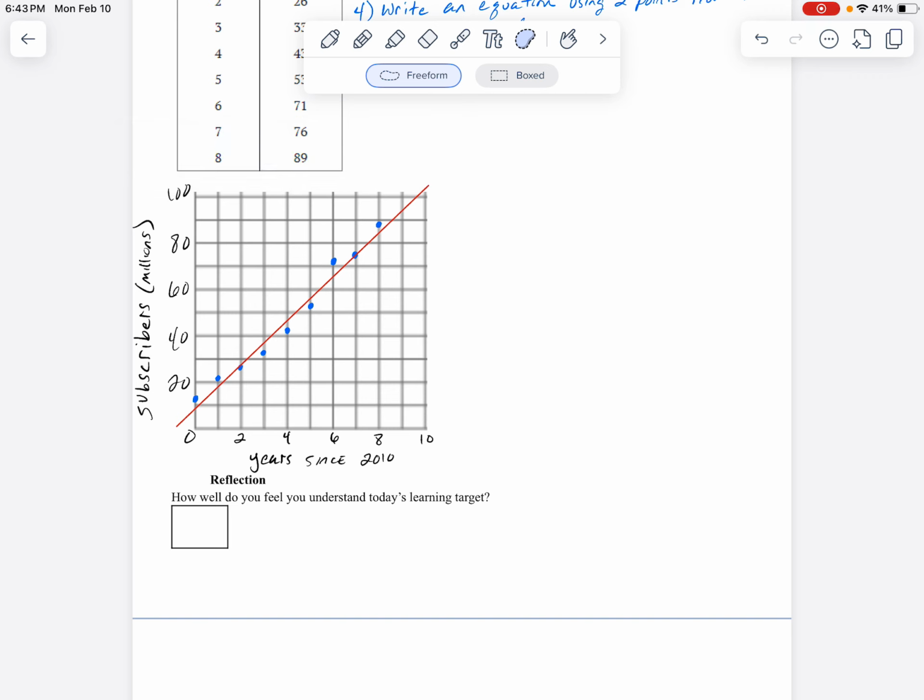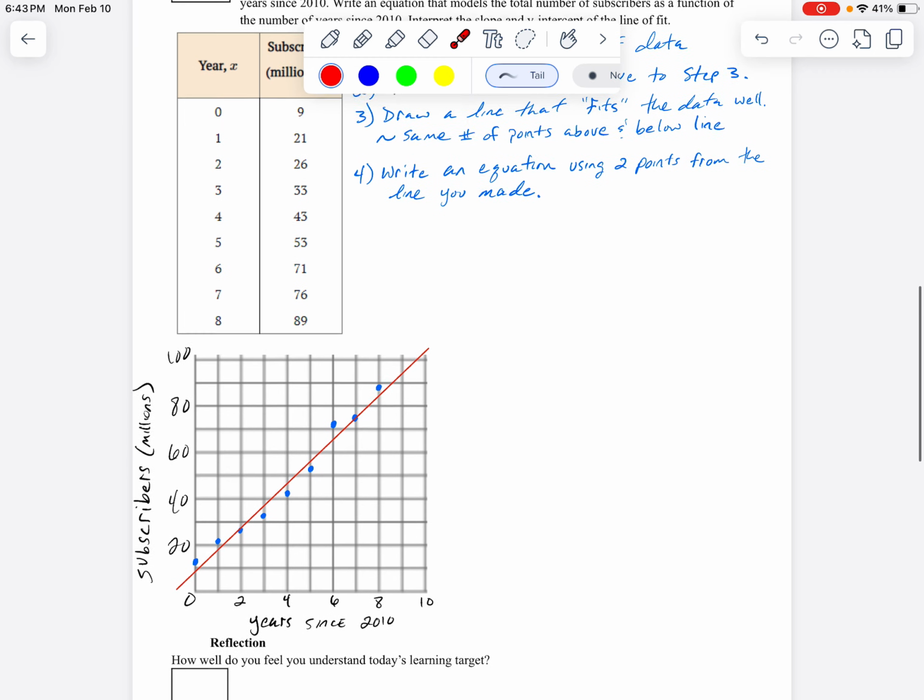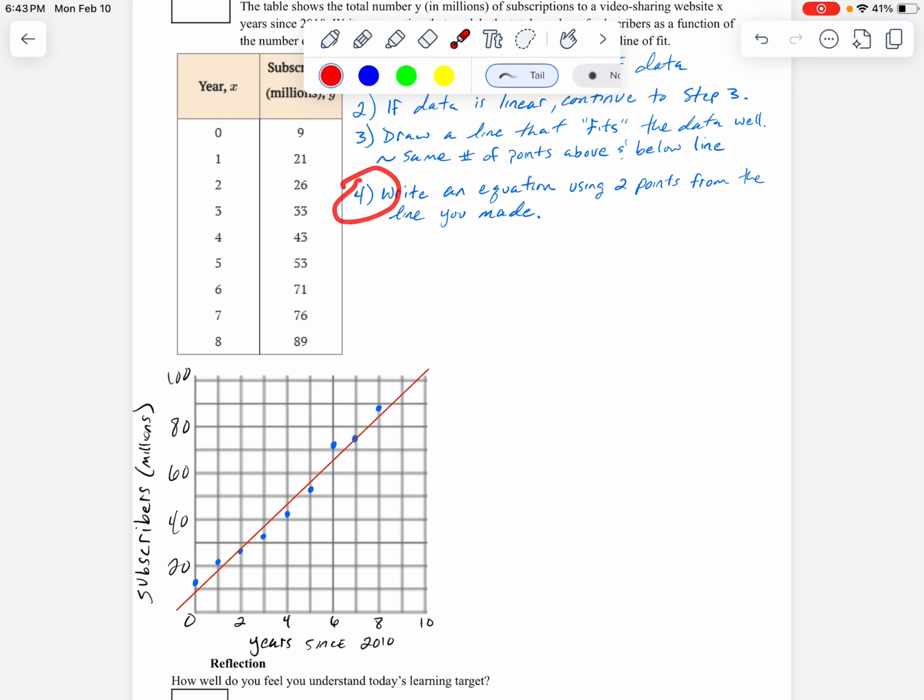So now I've got 4 data points above, 3 data points below, and it's going through these 2 data points pretty nicely. So we're going to use those 2 to write our equation. That's step 4: write an equation using 2 points from the line that you made. It goes through these 2 points at 2 and 7. So that's these points right here.